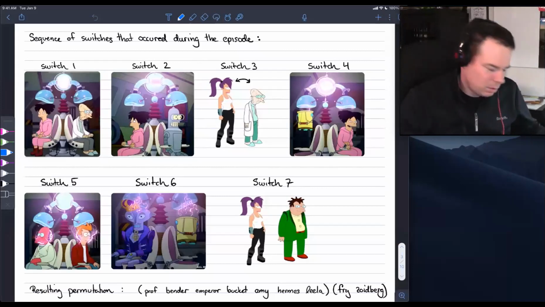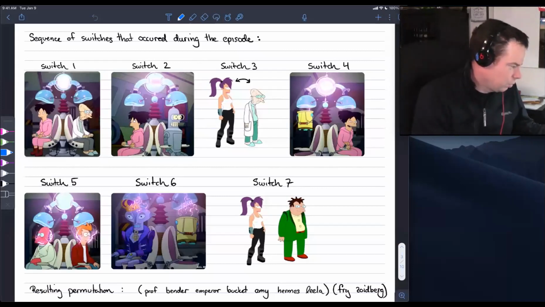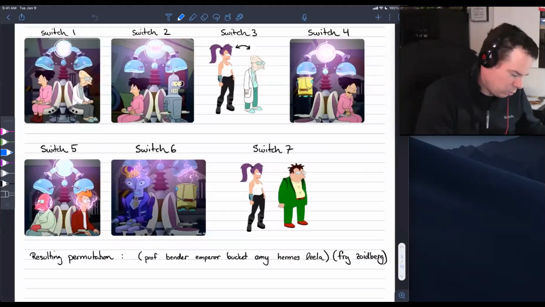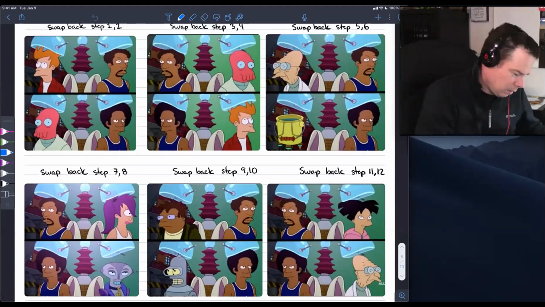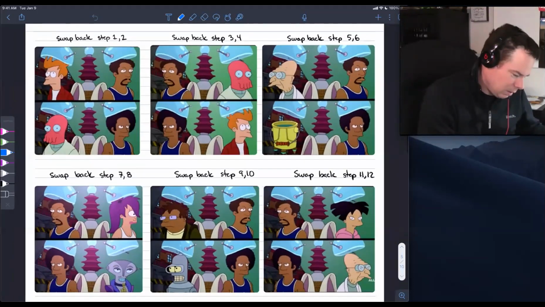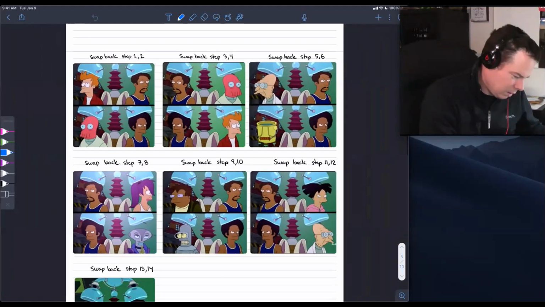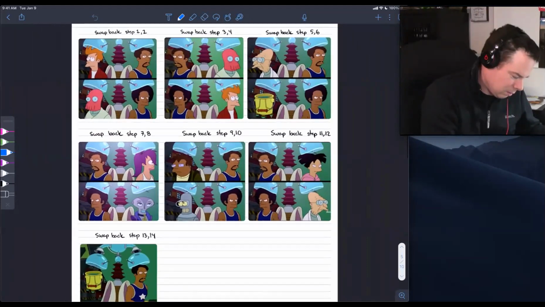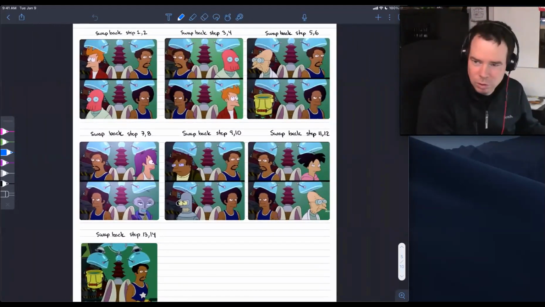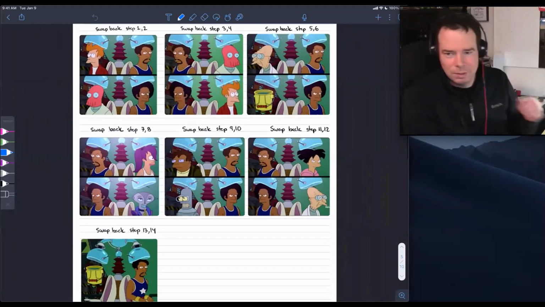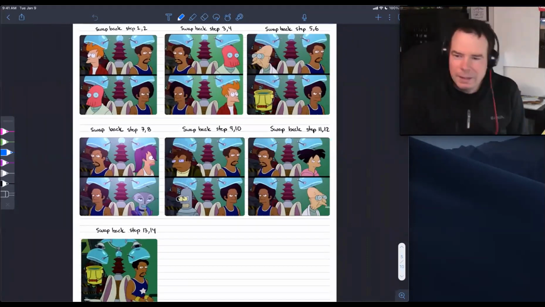So before I scroll to that, this was our switches. These were the steps in the episode, which happened right at the end. I'll try to get them all in there, which was the solution. So the swap backs.